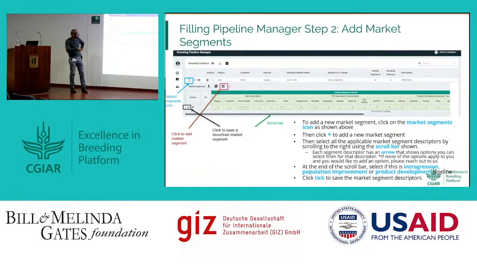Then you have this download button in case you want to download a table with all the different names of these breeding pipelines. You may have something, you may not have anything, depending on whether you worked on this before. But the important part is that this plus symbol will allow you to create the unit of a breeding pipeline.